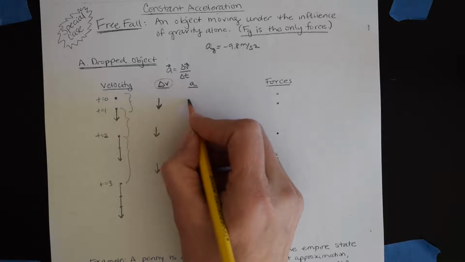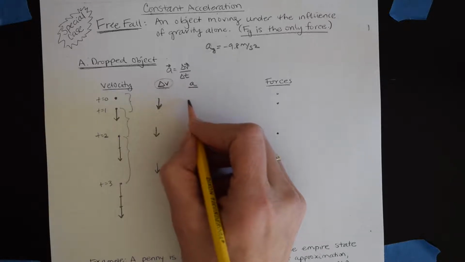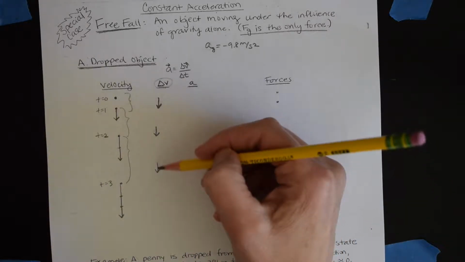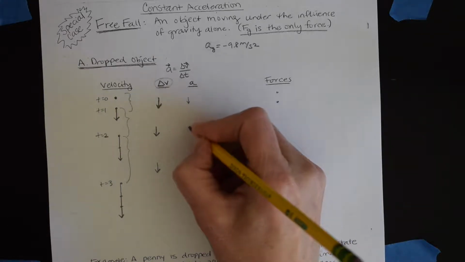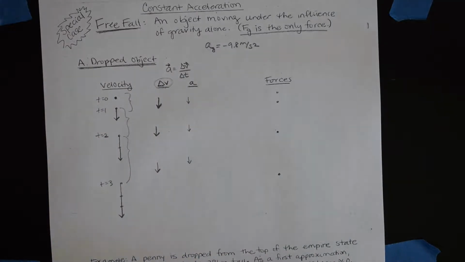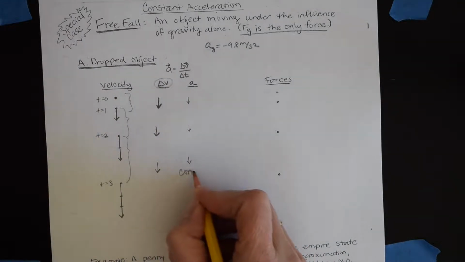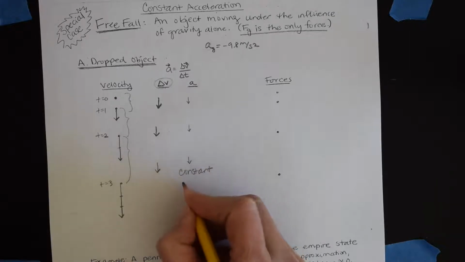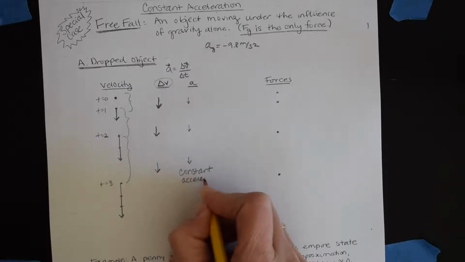And don't worry about the length. Basically, we just want to know the direction. These all have the same length, and so these acceleration vectors compared to each other will all have the same length. That's what we mean by a constant acceleration. It's constant in magnitude and in direction.